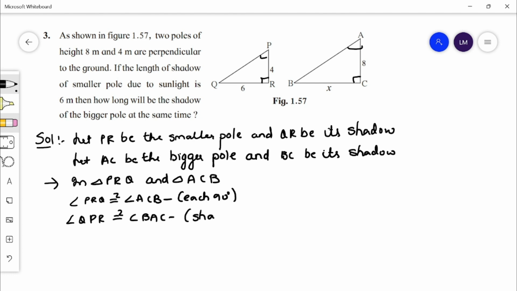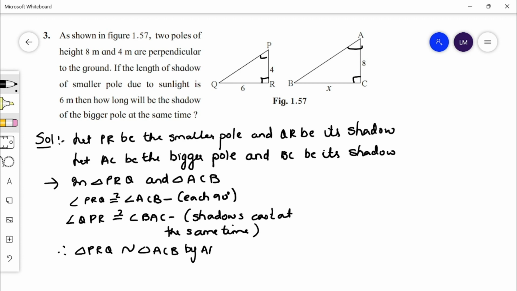Reason: shadows cast at the same time. Therefore, triangle PRQ is similar to triangle ACB by the AA test for similarity.